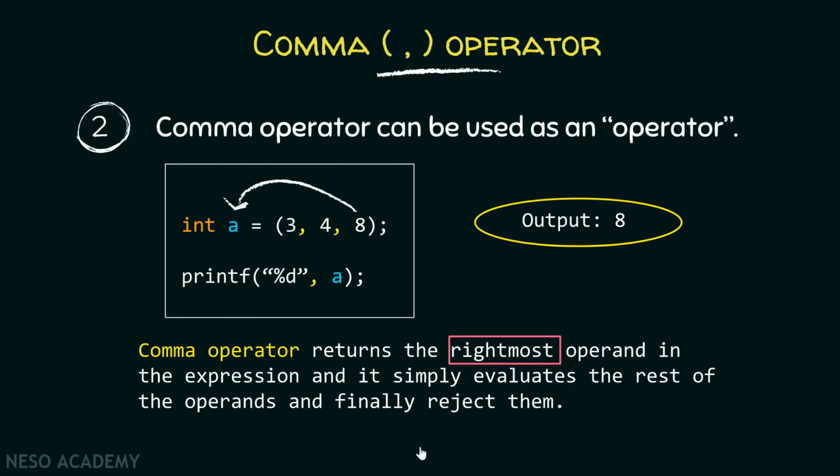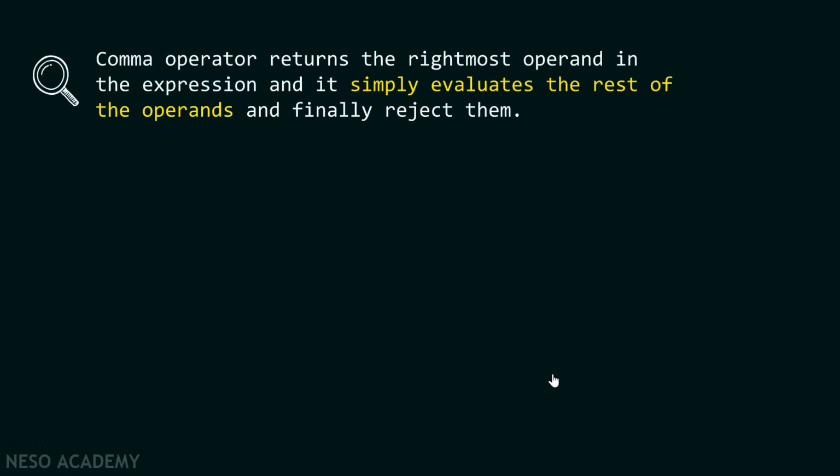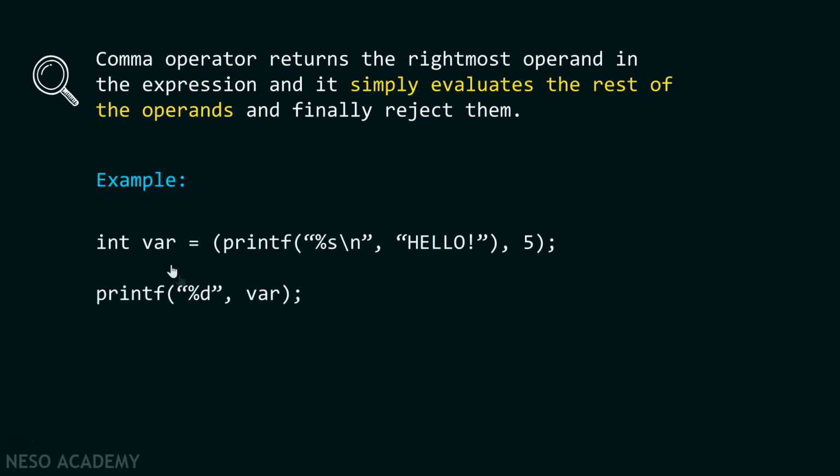Okay? Now let's consider the definition of comma operator once again. Why I am reconsidering this definition, you will see in a moment. First of all, I want you to focus on this line. It simply evaluates the rest of the operands. Now let's consider one example. Here I declared a variable and assigned it an expression with a comma operator and two operands. One is printf and the other one is a value. You might think that comma operators simply reject this statement and 5 will be returned to this variable.